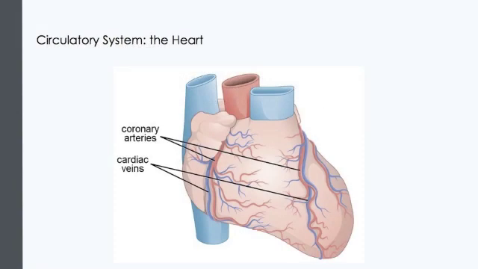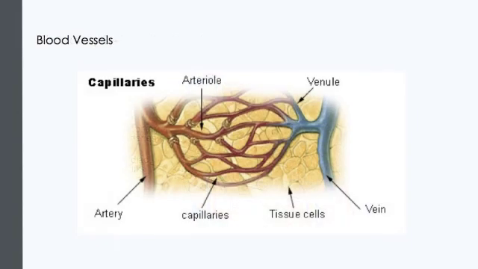And in this slide, we see a cartoon of the human heart. So note here the coronary arteries and the cardiac veins. And in this next slide, we see a cartoon, a close-up, of how arteries and veins are connected. So the blood flows from the heart in an artery, and that goes into a smaller branch called an arteriole, and the arterioles move into capillaries.